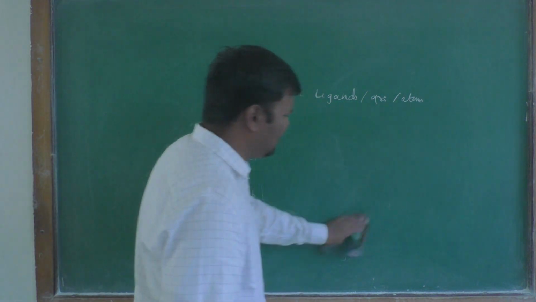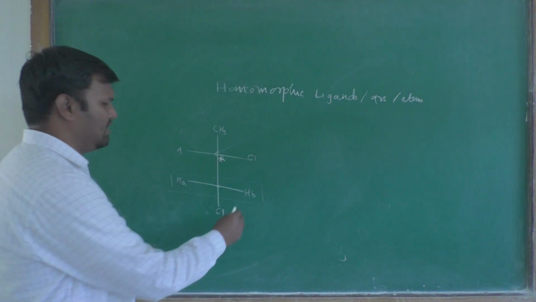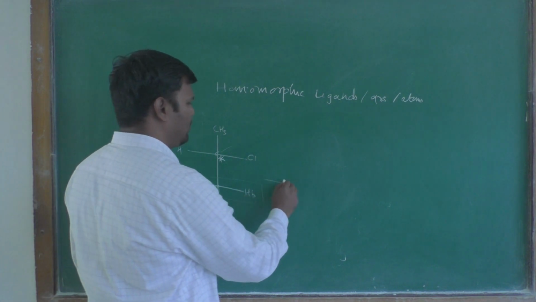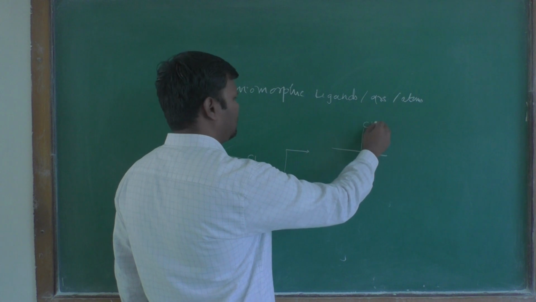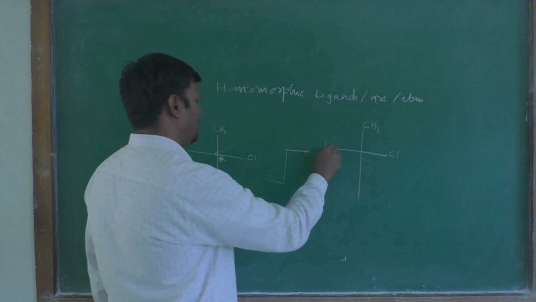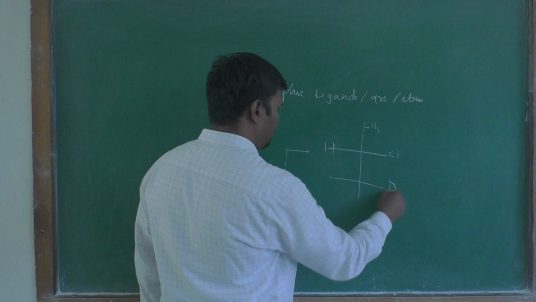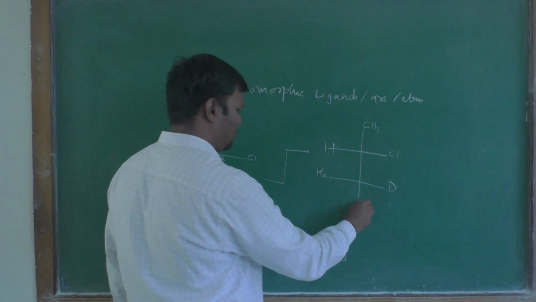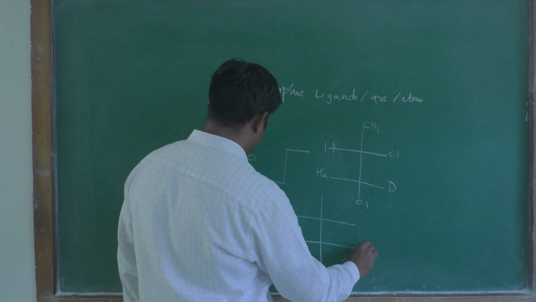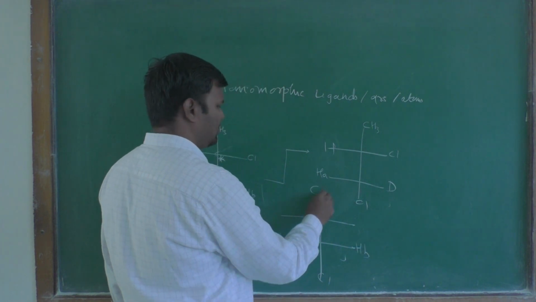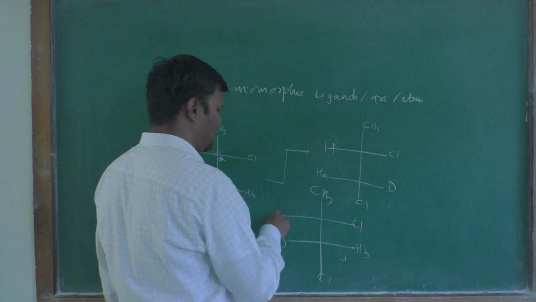Okay, in this case, when you replace Hb and Ha with deuterium, you will obtain, okay, this is your chiral center. When you replace Ha with deuterium, chlorine is there, and secondly, when you replace Hb with deuterium, chlorine is there, CH3, Cl and hydrogen.